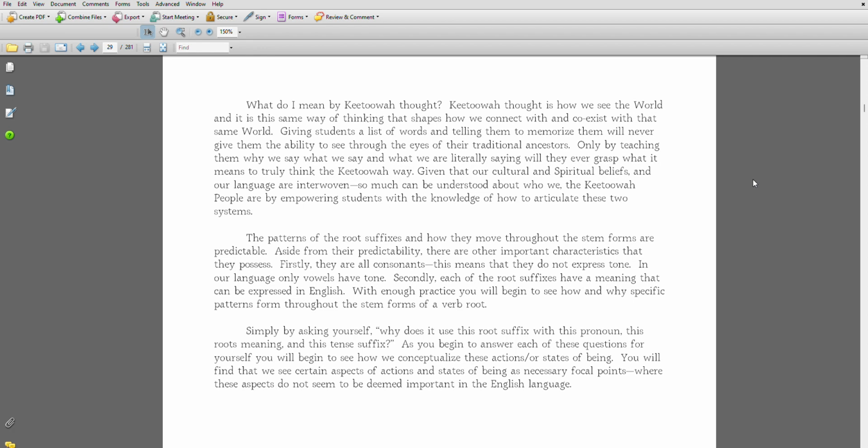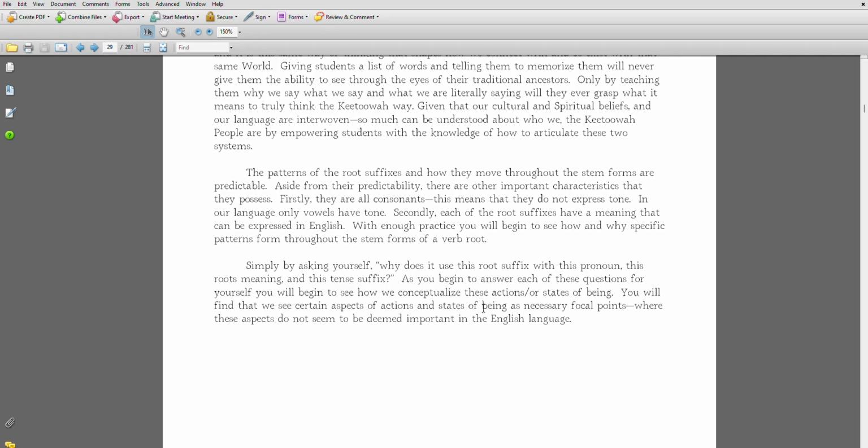As you begin to answer each of these questions for yourself, you will begin to see how we conceptualize these actions or states of being. You will find that we see certain aspects of actions and states of being as necessary focal points, where these aspects do not seem to be deemed important in the English language.